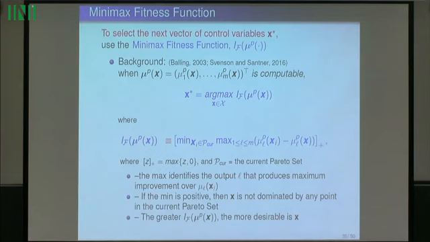And then this minimum, looking over all the points in the Pareto front, says if the minimum is positive, then x is not dominated by any point in the current Pareto set, so it's a candidate to look at next. And then I want to look over all possible x's to find the one that gives me the greatest improvement.